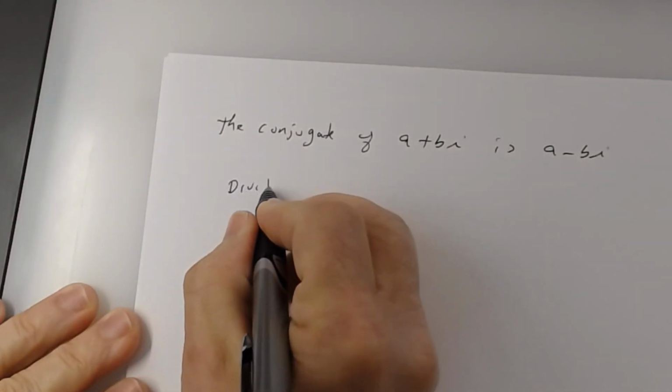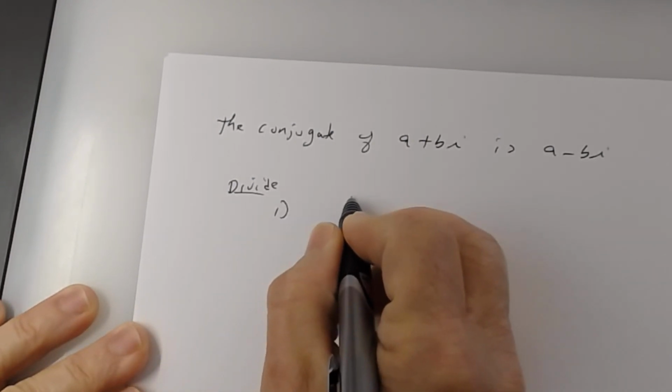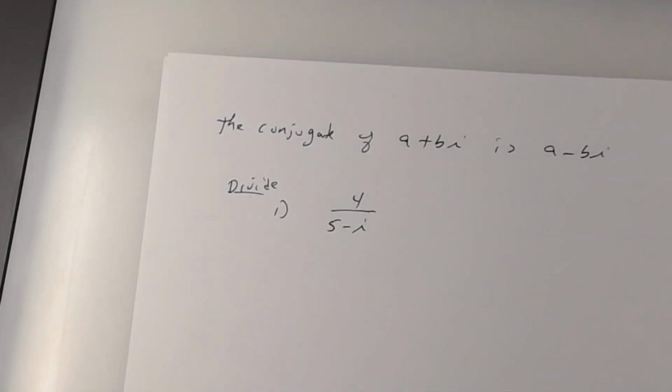So let's go ahead and divide. And let's suppose we had number 1, suppose we had 4 divided by 5 minus i. And the idea is to get rid of that i. You don't want that i in the denominator. Because remember, i is that square root, right? i is the square root of what number?